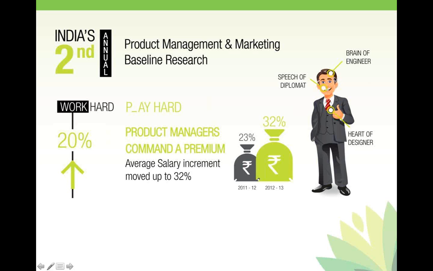So the definition of a product leader is also characterized as those who've got the brain of an engineer. Clearly, that's the most important thing to start. The leadership skills, the soft skills to convince people, right? To get your things done, to sell the vision both internally and externally, to lead by influence. At the same time, have the heart of a designer, right? So again, another characteristic of what we want in an ideal product leader.